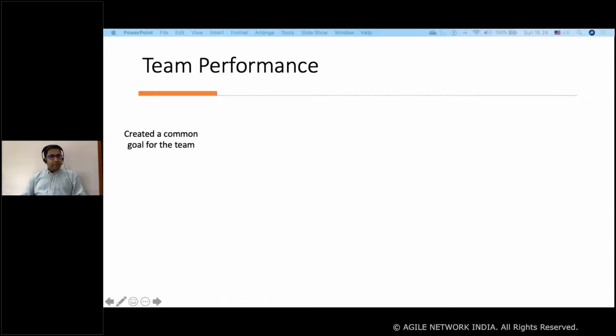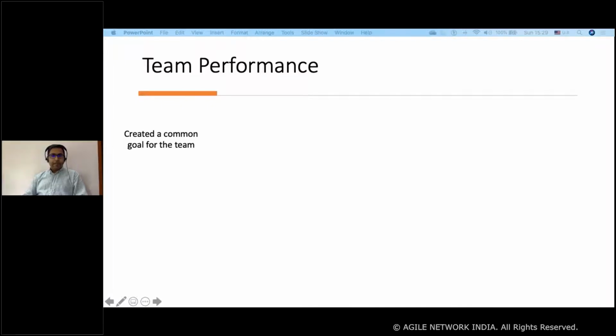Then pairing and swarming were initiated. So people who were new to the system were paired with the experts, so that they learn faster. And these are things which might not be required for the long term, right? It might be short term until all the team members are up to speed.